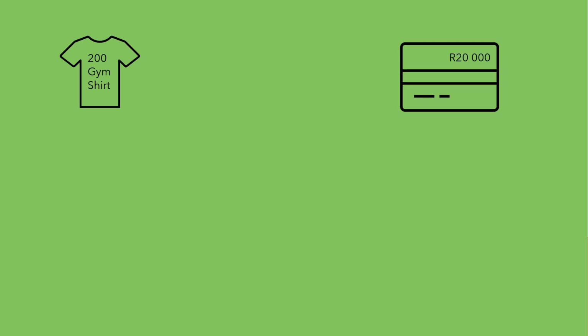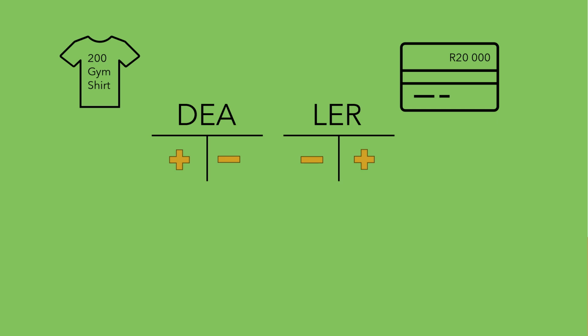Let's look at the example where we bought 200 gym shirts to resell for 20,000 rands on credit, and how we can use DEALER to know which side to debit and which side to credit. So now we know that the gym shirts is an asset and an asset increases on the debit side. So in this case, we know that the gym shirts is inventory.